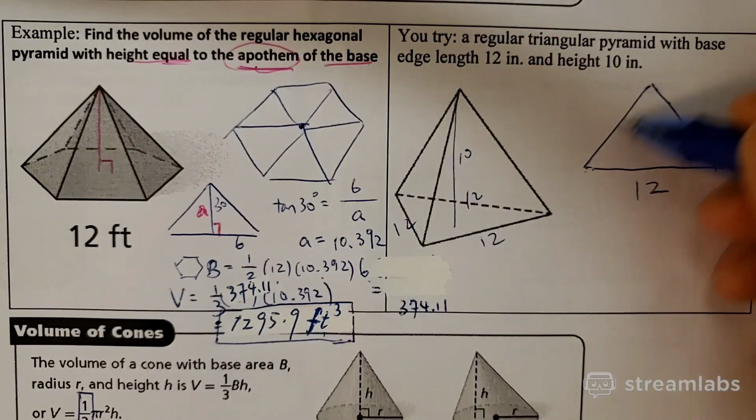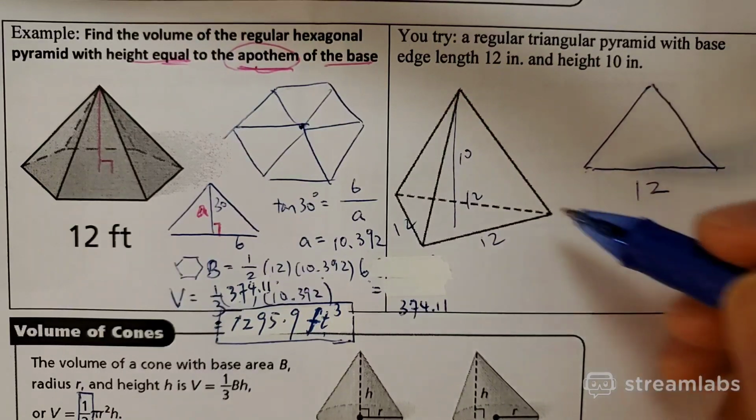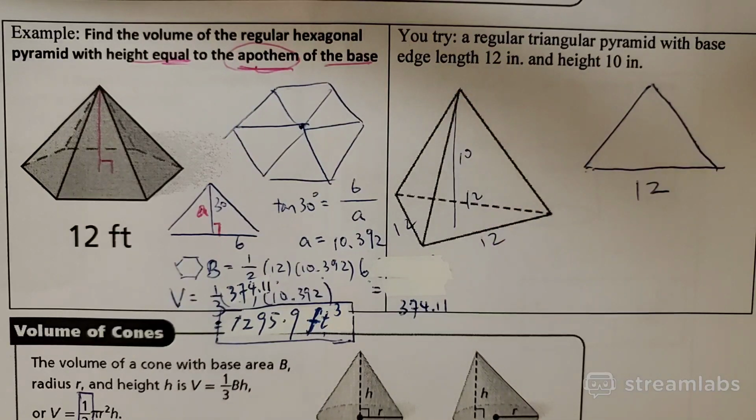You have to find the area of this first, and then times height, divided by 3. Once you find an answer, you can type it in the chat so I know how much you know.